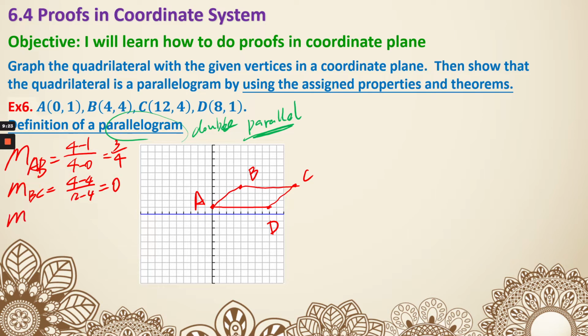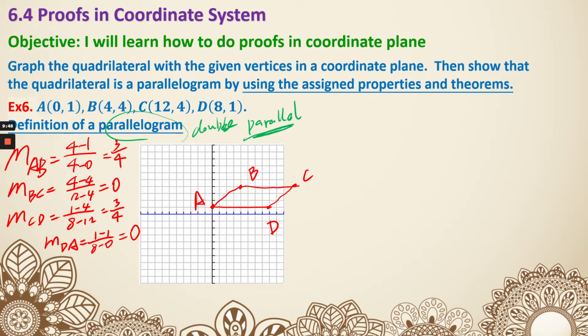Of course, the slope of CD is 1 minus 4 over 8 minus 12. That is -3 over -4, which is 3/4. Lastly, the slope of DA is 1 minus 1 over 8 minus 0, which is going to be 0.